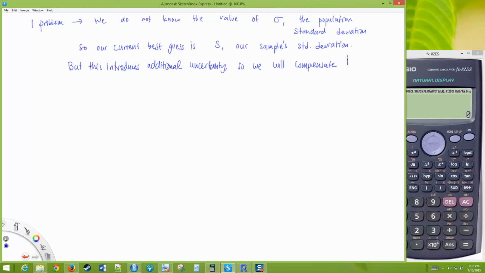So we will compensate by changing 1.96 to another number based on the t distribution.